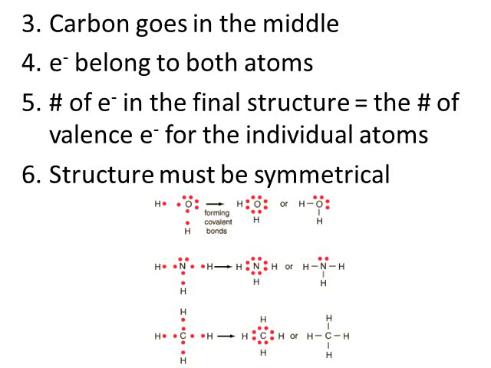The number of electrons in your final structure that you draw must equal the total number of valence electrons for all of the individual atoms added together. And if possible, your structure must be symmetrical. It will not always be symmetrical, but if you can make it symmetrical, you must do so.